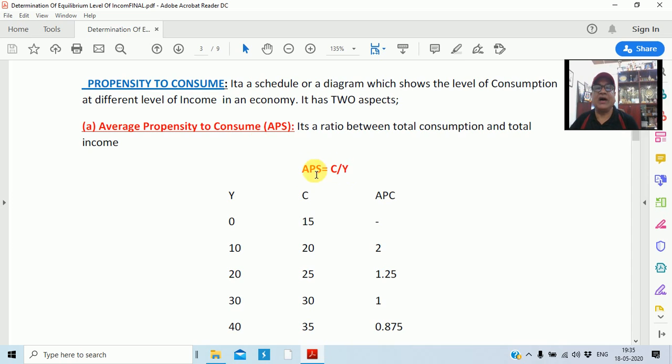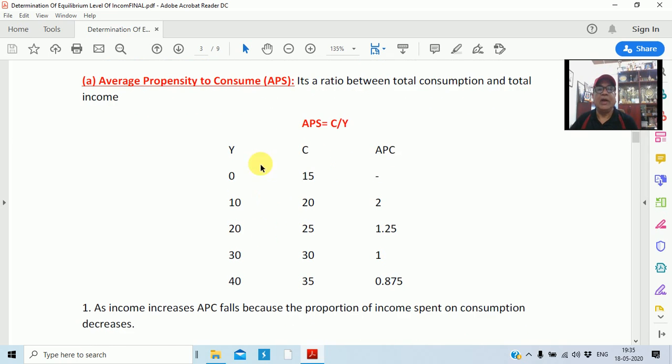APC means the ratio between total consumption and total income. Here I have taken a schedule showing consumption and income. When income is 0, consumption is 15; income is 10, consumption is 20; income 20, consumption 25; income 30, consumption 30; income 40, consumption 35. Now you have been asked to calculate average propensity to consume.